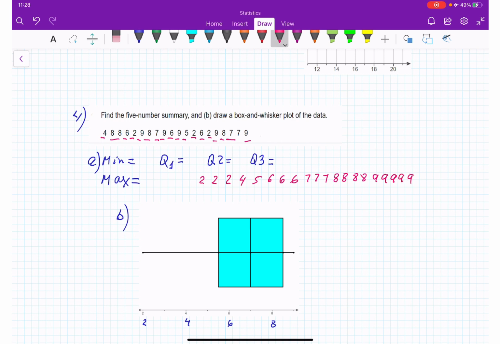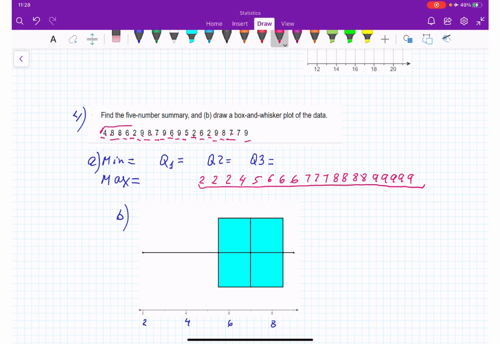How many do we have? 1, 2, 3, 4, 5, 6, 7, 8, 9, 10, 11, 12, 13, 14, 15, 16, 17, 18, 19, 20. Do we have the same thing? Okay, very good.